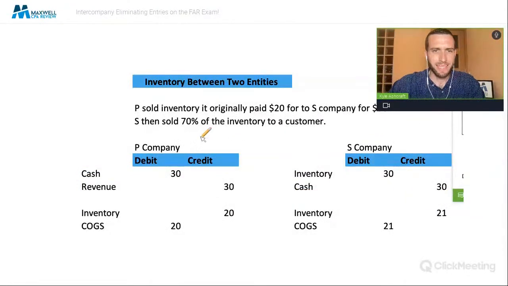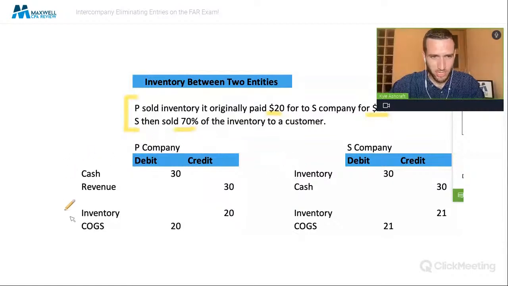All right, the parent company has sold inventory to the subsidiary. It originally paid $20 for this inventory, and it's selling it to S company for $30. And then the subsidiary sells 70% of that inventory to a customer.